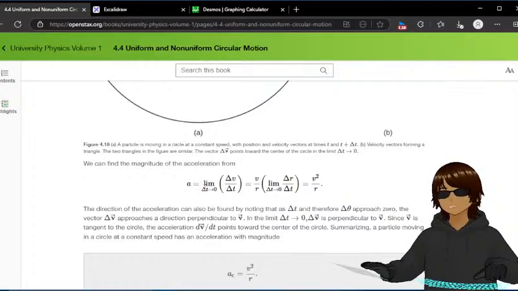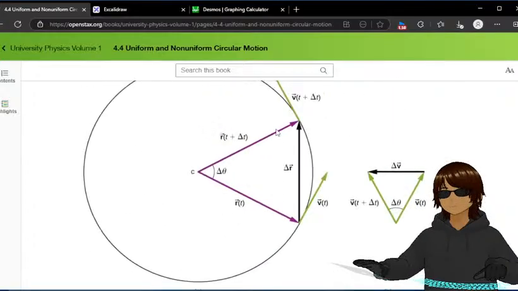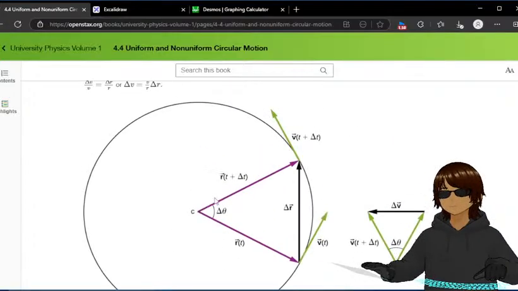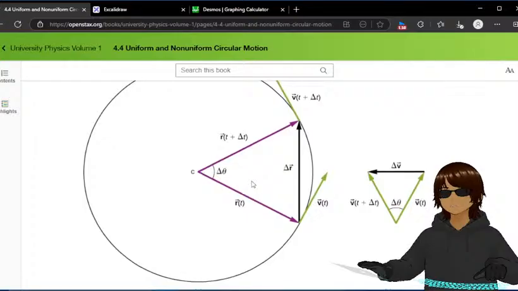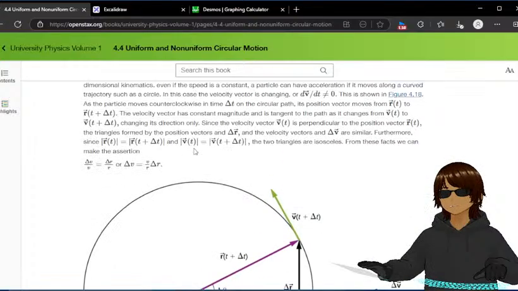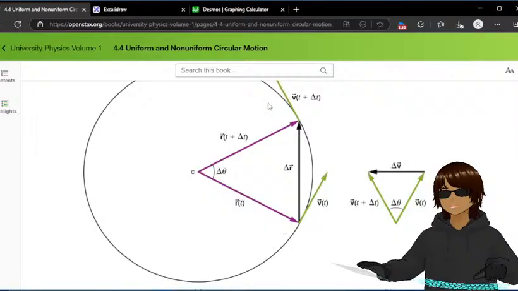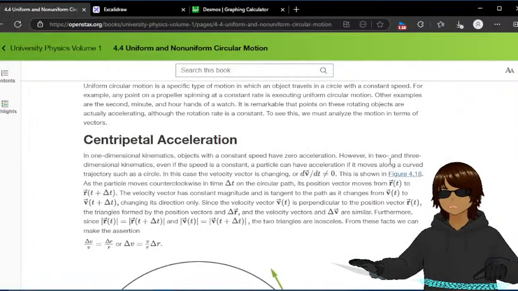So the limit as delta t goes to 0 is delta v over delta t. From these facts, we can make the assertion. But I don't understand this part. How is velocity over here equal to velocity over here? Are we assuming that the speed is constant?